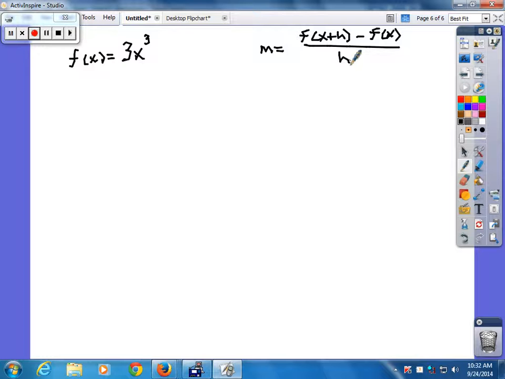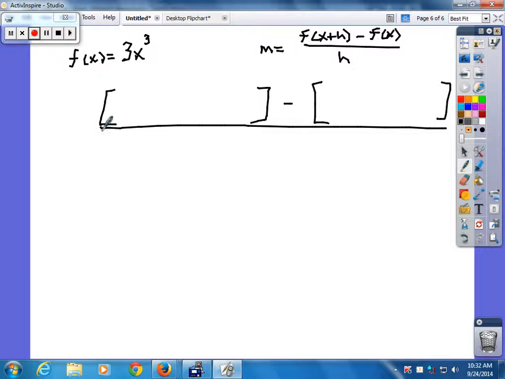So the first thing I'm going to do is draw my brackets. Minus brackets over h. And of course here, you just put 3x cubed. And here is 3 parentheses cubed.